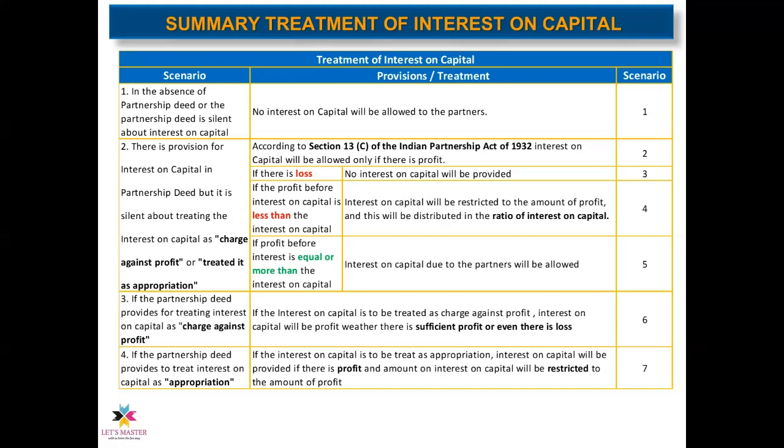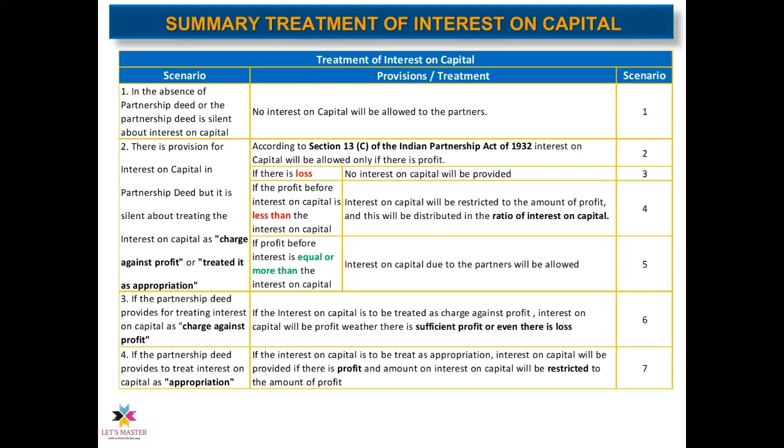In that case, according to Section 13(c) of the Indian Partnership Act, 1932, interest on capital would be allowed only if there is profit. So yes, we will provide interest on capital, but whether it is a charge or an appropriation is not clear, so the interest would only be provided if there is profit. If there is no profit, no interest on capital, and if there is a loss, then also no interest on capital would be provided.